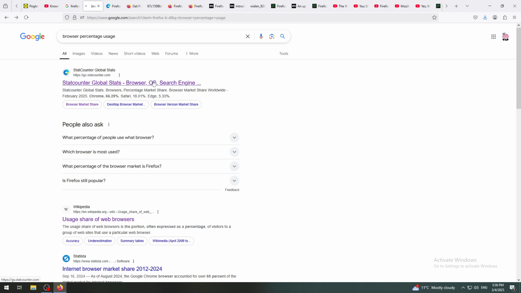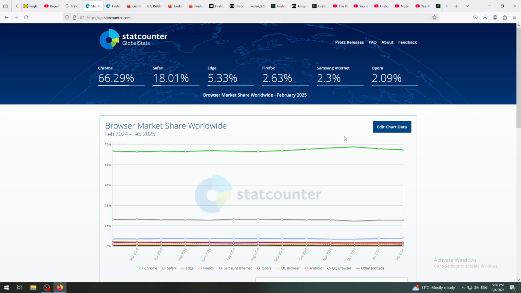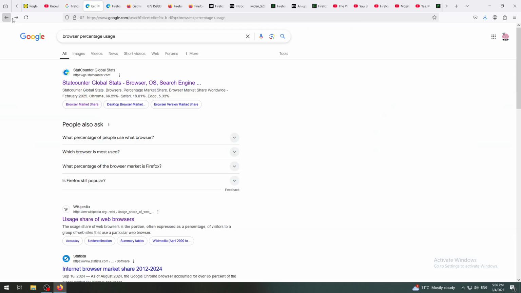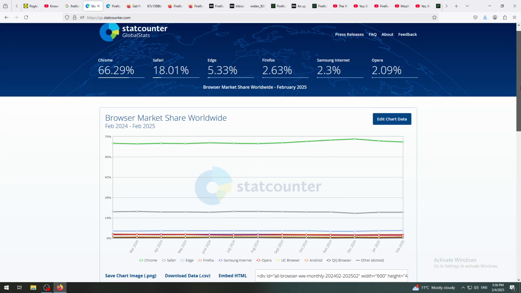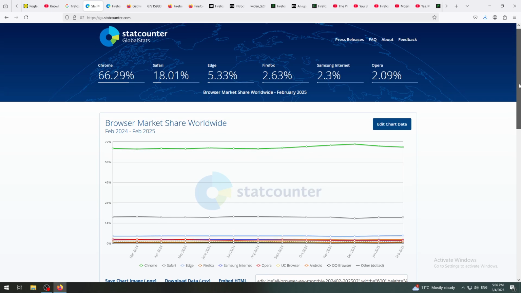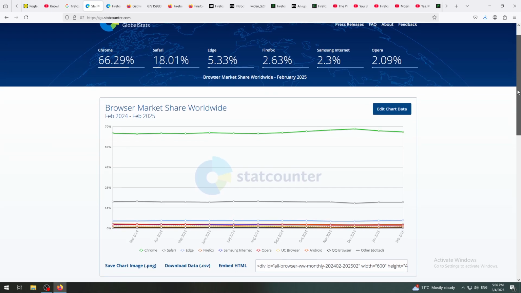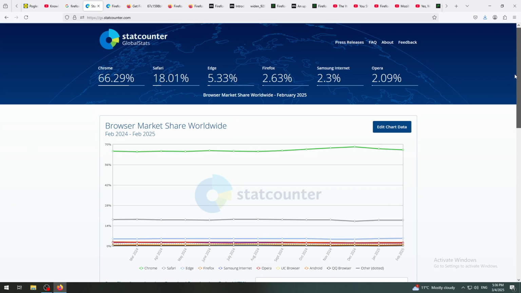Okay, the second thing I would like to talk about in short is statistics on web browsers. And again, you can search for browser percentage usage or whatever you want, and you should get some kind of result. Again, it's measured differently by different companies and so on, but in general their results are more or less the same.